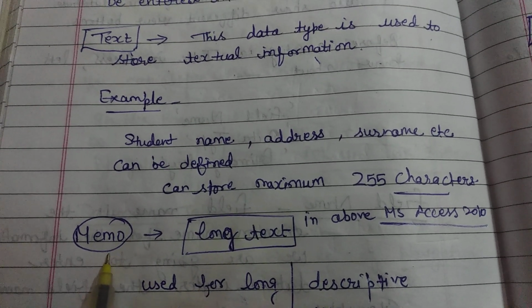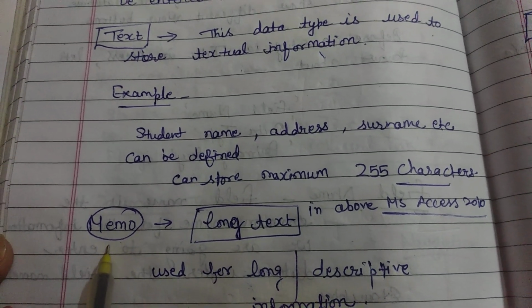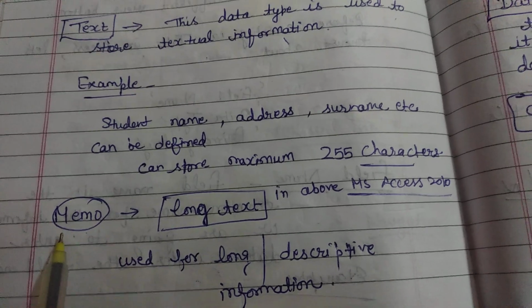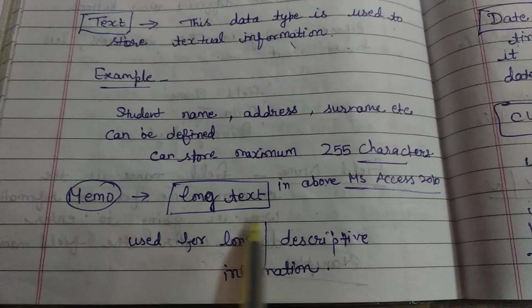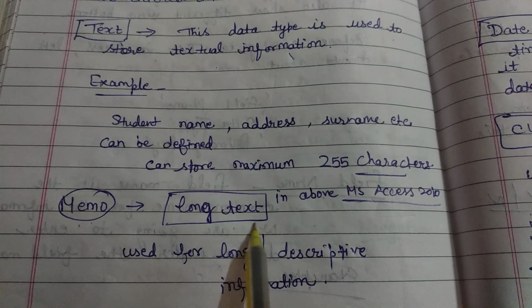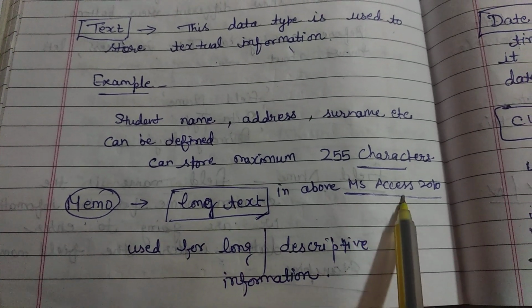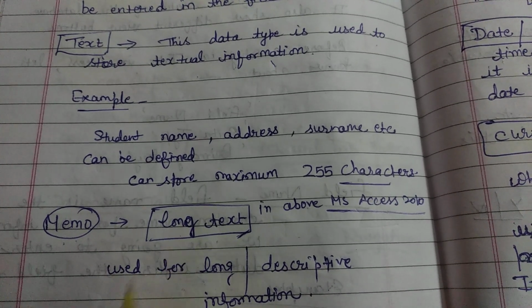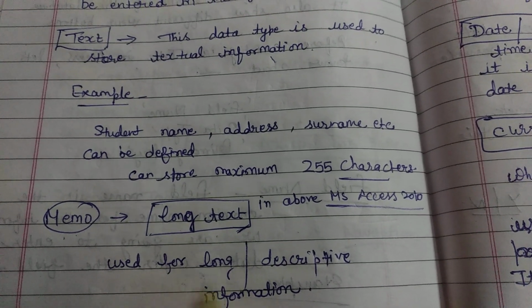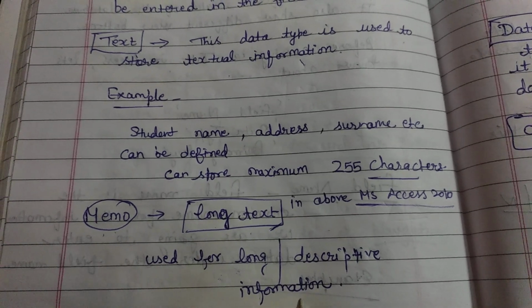Second is Memo data type. This is the second data type, Memo. And this data type is used for long text. This is available in MS Access 2010 or above versions. This is used for descriptive information or long information.